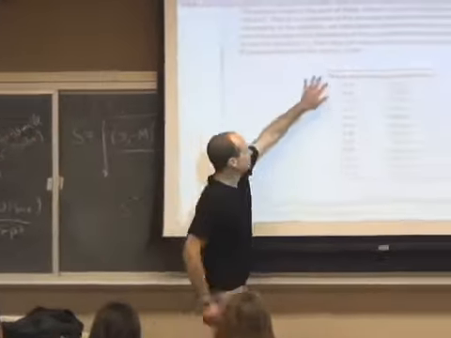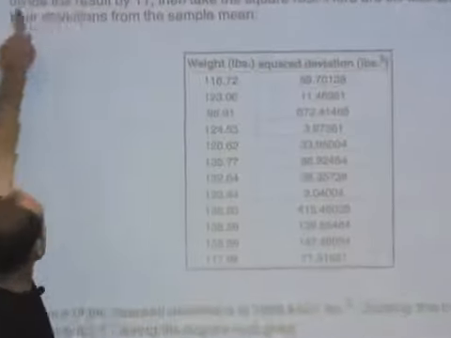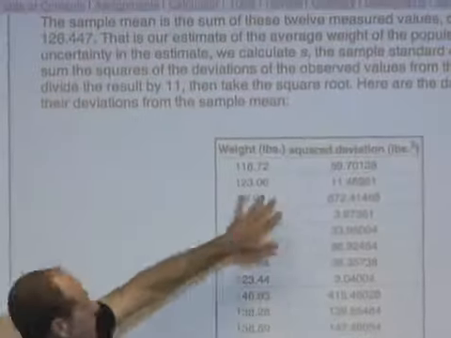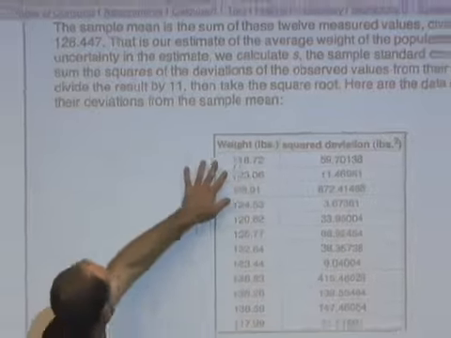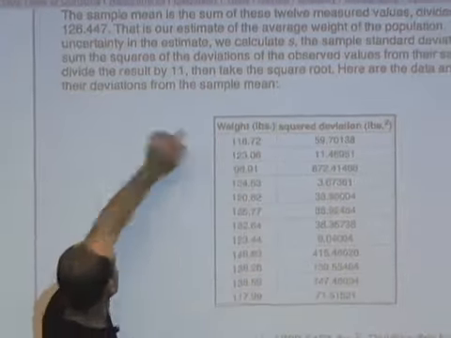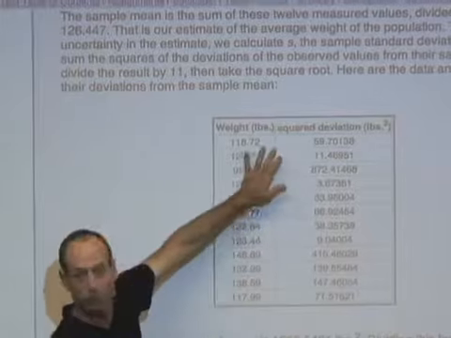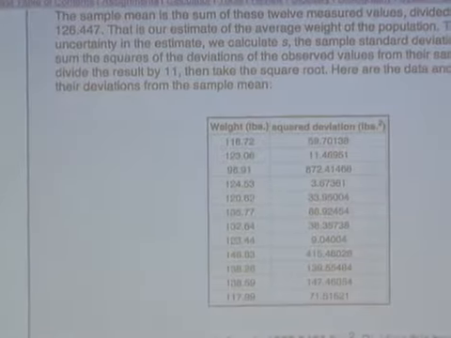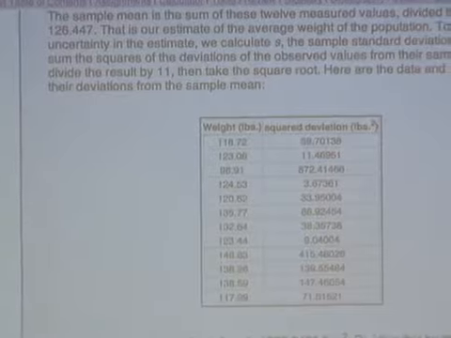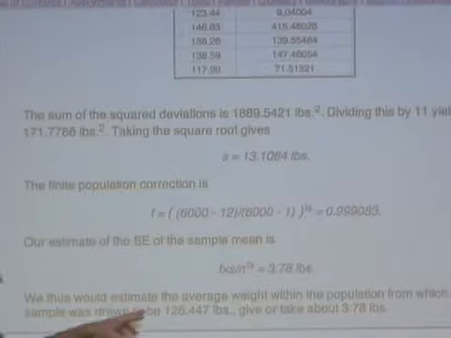So these are the data again. From each datum, I need to subtract 126.447 and square the result. Okay, so this is 118.72 minus 126.447 quantity squared. Okay, so we'd add up these 12 numbers and divide by 11 and then take the square root, and that would be our estimate of the SE of the sample mean.